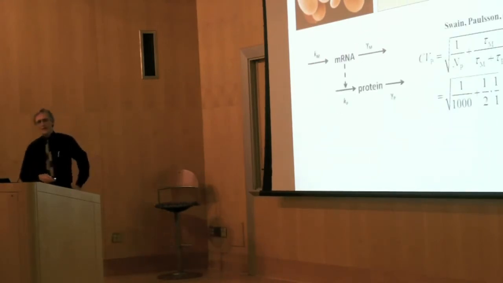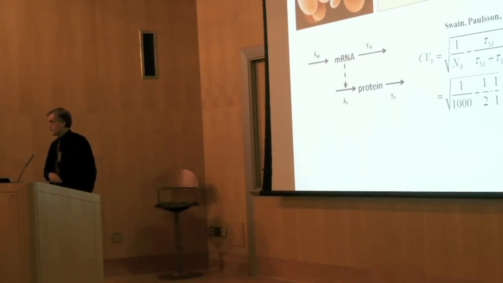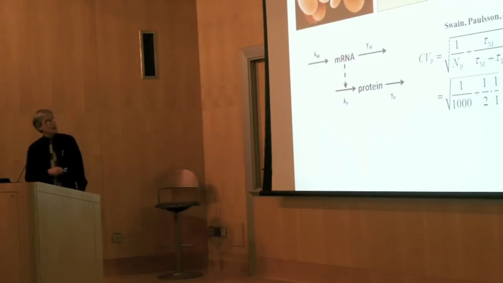However, proteins aren't made that way. Proteins aren't made by a simple birth and death process. Proteins are encoded by mRNAs, and mRNAs are also fluctuating due to synthesis and degradation. And if you take into account the coupling between transcription and translation, it's an entirely different rule of thumb. The rule of thumb is more complicated.